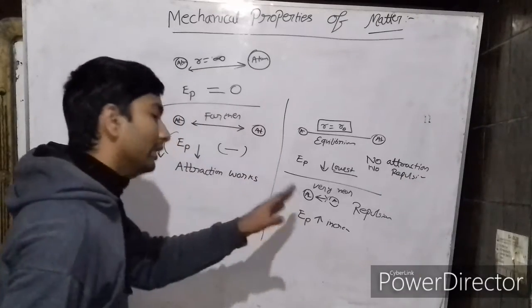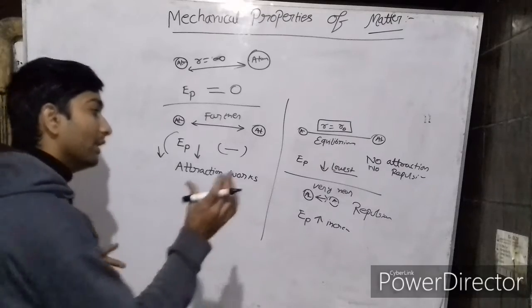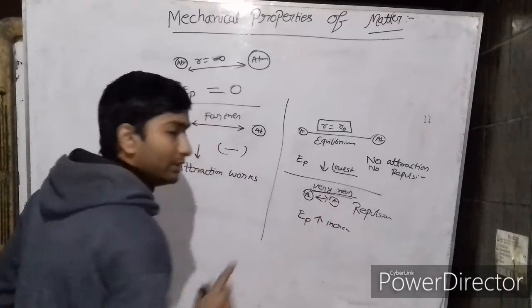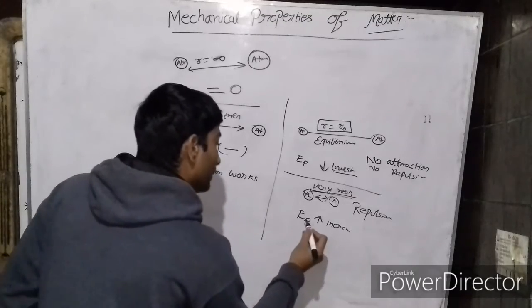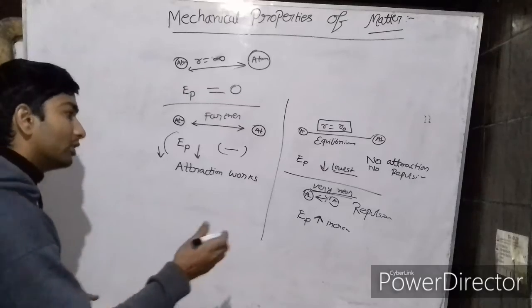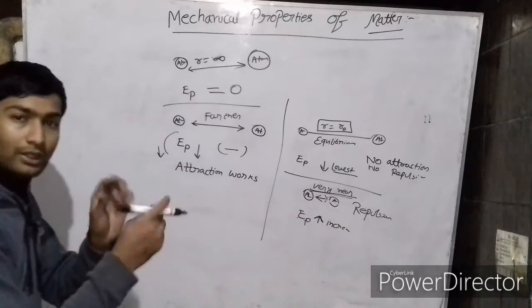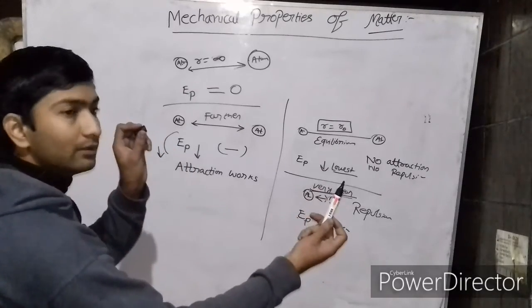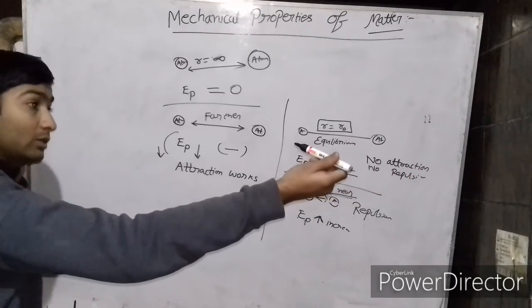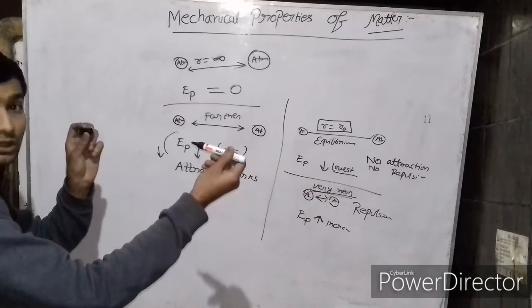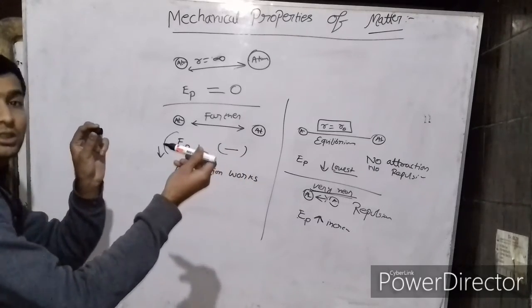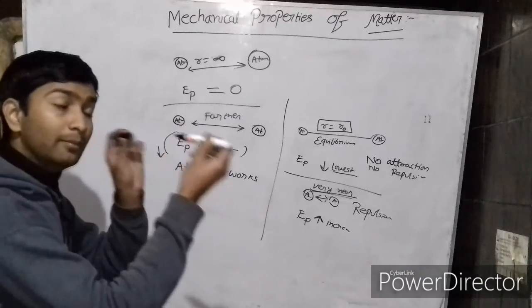But when they are brought very near to each other, then repulsion acts and the potential energy starts to increase, because work is done on the atoms to bring them together. Two atoms at a very large distance have zero potential energy; attraction works, potential energy decreases and becomes negative, and at a certain distance the potential energy is minimum.